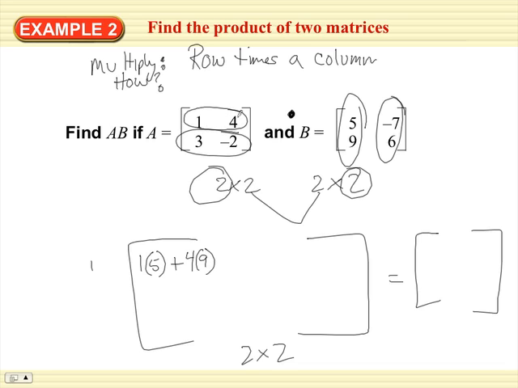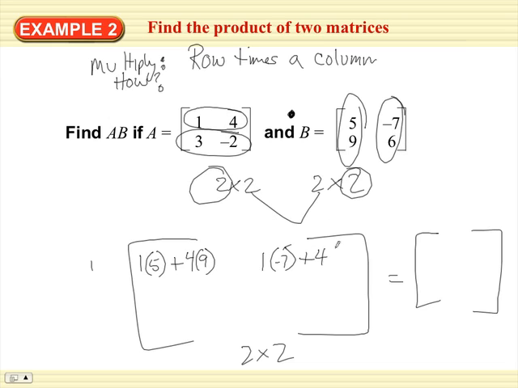You take the first row, second column, and it goes in the first row, second column. Okay? So we take the first one times the first one. Here we go. 1 times -7 plus what? Second one, yep. 4 times the second one, 6.